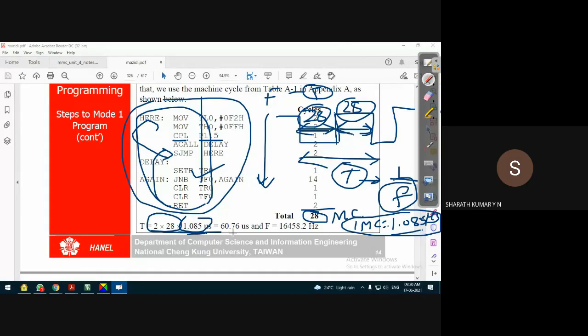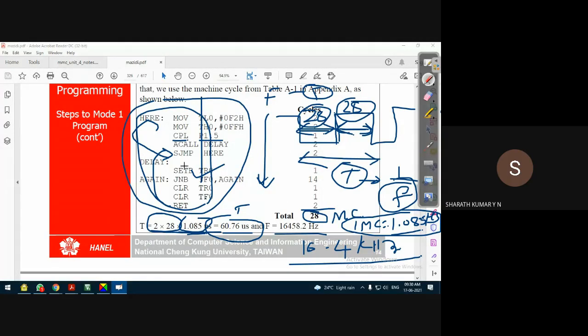This gives approximately 60.76 microseconds. If this is the time period, the frequency is 16.4 kilohertz. That's how it is.